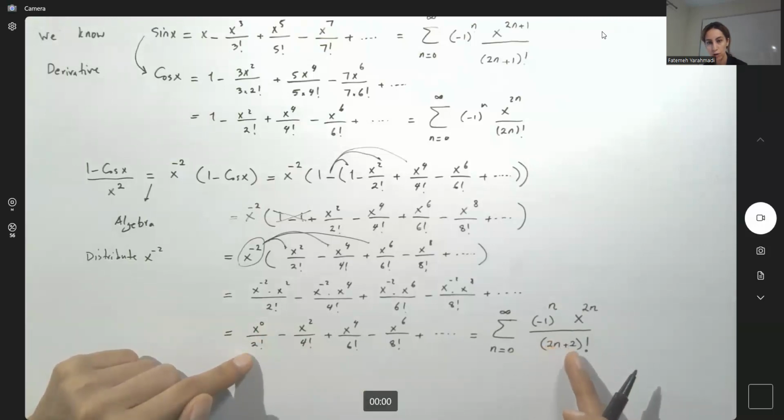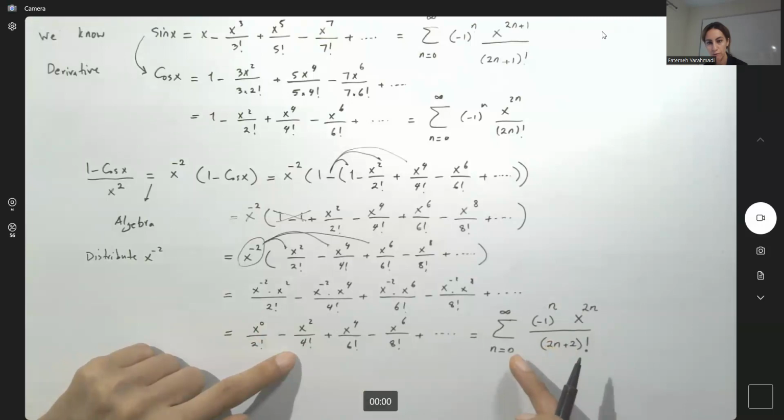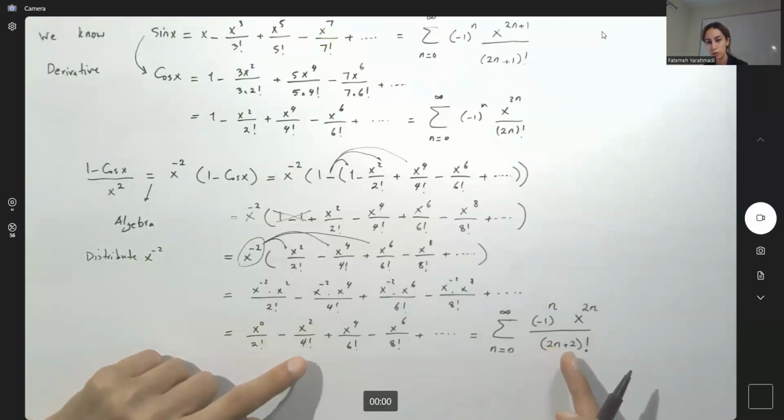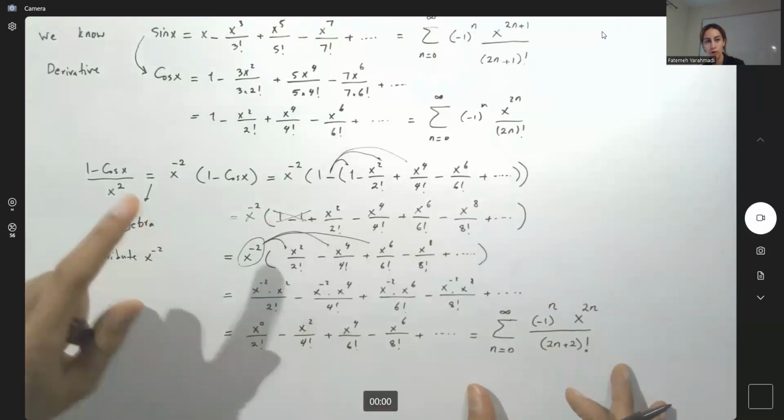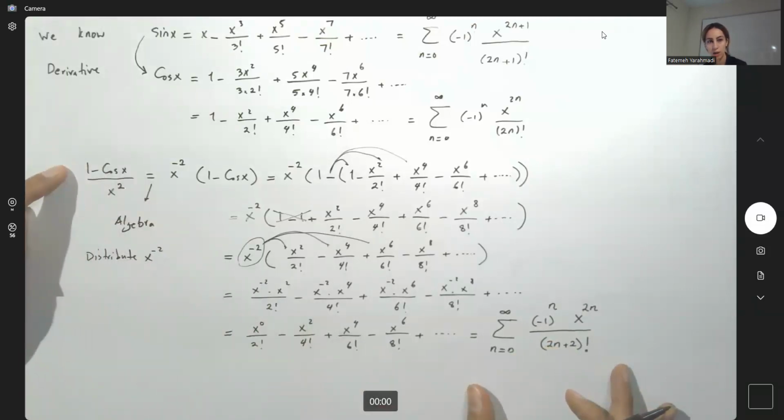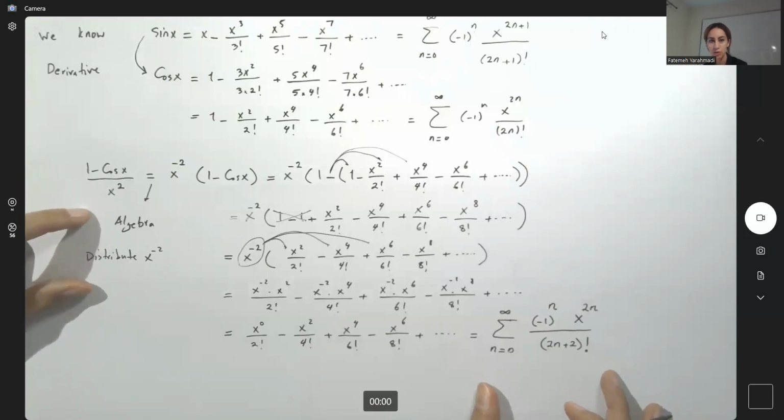When n is equal to 1, you get 4 factorial. When n is equal to 2, you get 2 times 2, 4, plus 2, 6 factorial, and so on. So this is the power series representation for this function, 1 minus cosine x divided by x squared. And as you see, we just did algebra, nothing calculus here.